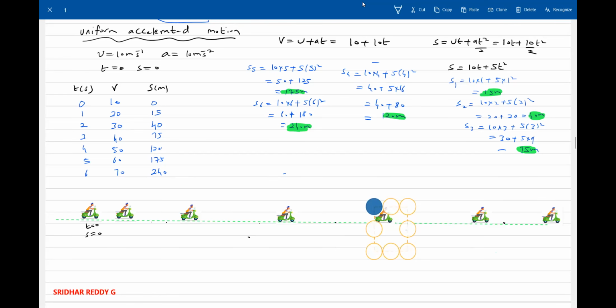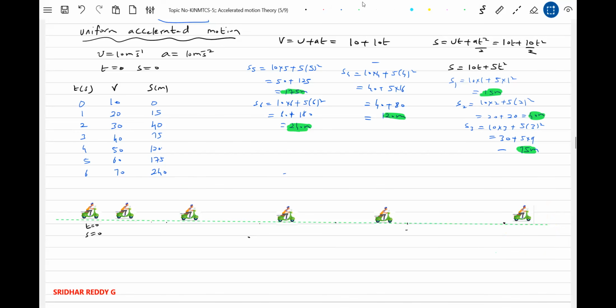The distance between them will keep on increasing here. I think I can take only till 5. Yeah, we can show things clearly.